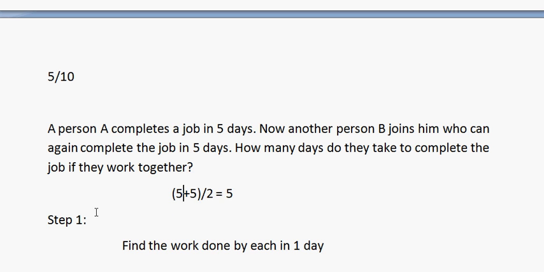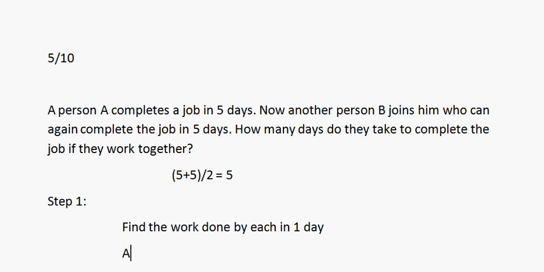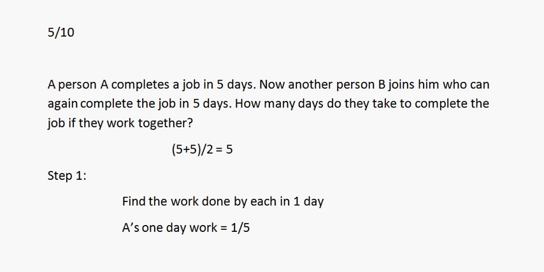So we are introducing few steps to solve it. Step 1 says find the work done by each in 1 day. So A's 1 day work is equal to what? 1 by 5. Similarly, B's 1 day work is 1 by 5.